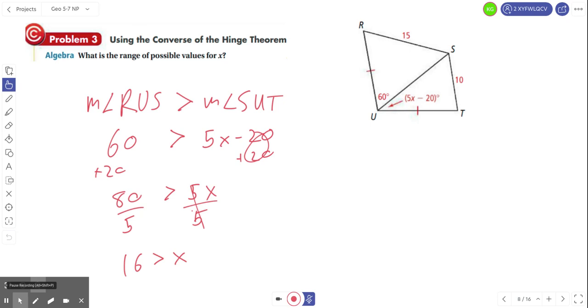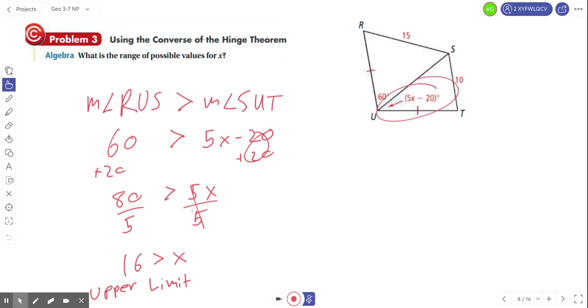Now, of course, we don't know how small x can be, but we definitely know that x can't be negative, or that we know this angle can't be negative. So we can also set up that this is the upper limit, and the lower limit is just going to be that that angle has to be bigger than 0.